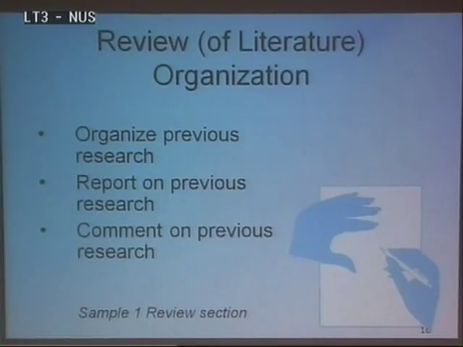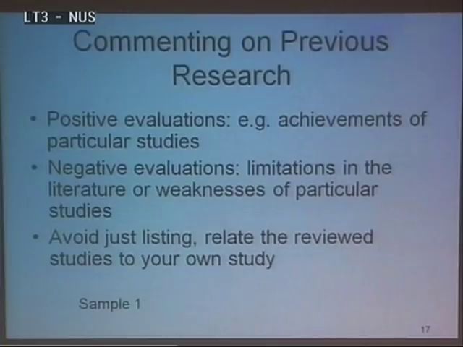So you can see your literature review chapter needs to be organized by previous research. You report on the work done by these researchers, and then you also comment on the research. It could be positive comments, it could be negative comments. Commenting on previous research, I just mentioned positive evaluation, for example, achievements of particular studies, negative evaluations, limitations in the literature or weaknesses of particular study.